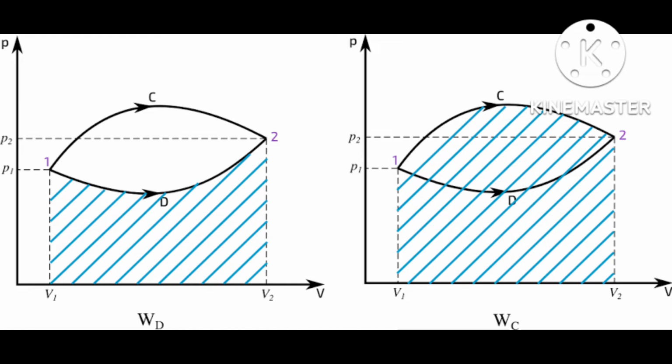Now we can describe the state of a gas by quoting the pressure P, volume V, temperature T, and amount small n, etc. Variables are pressure, volume, temperature.